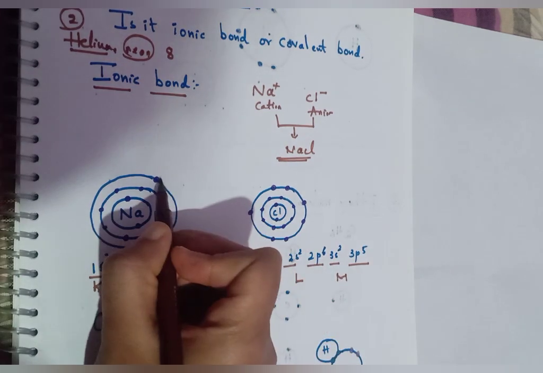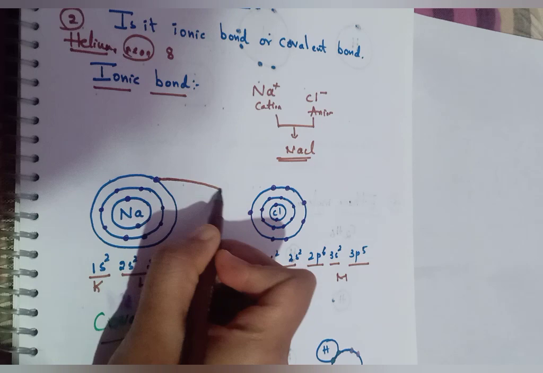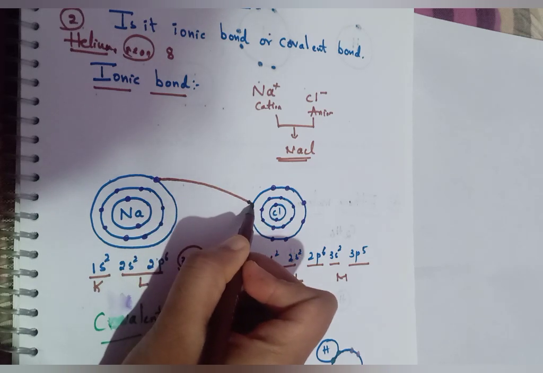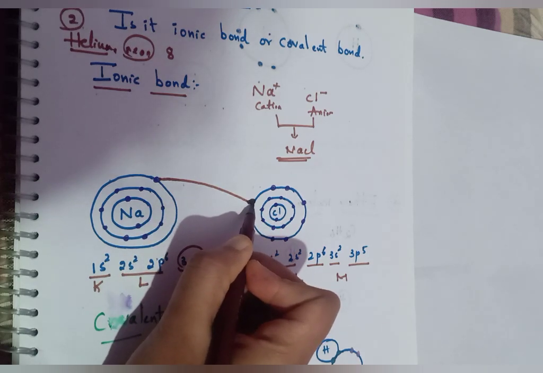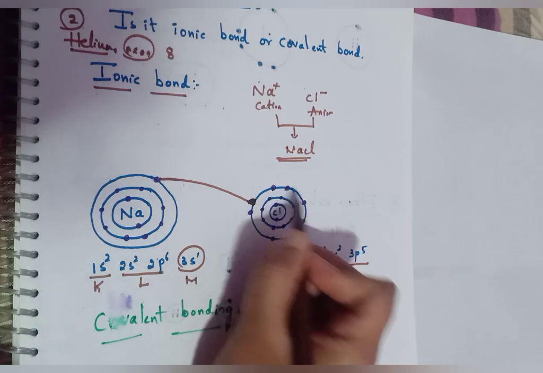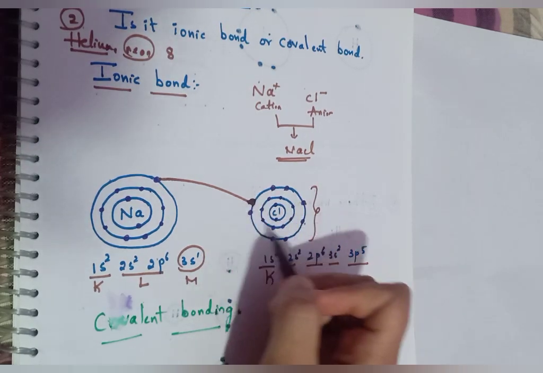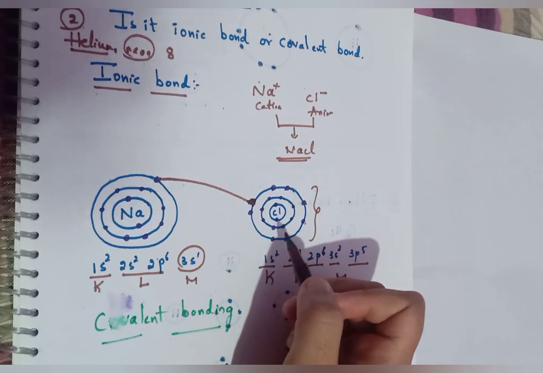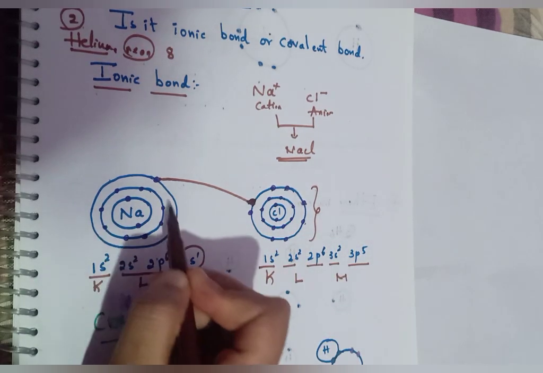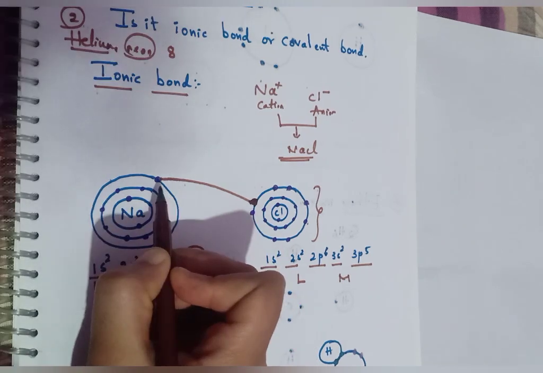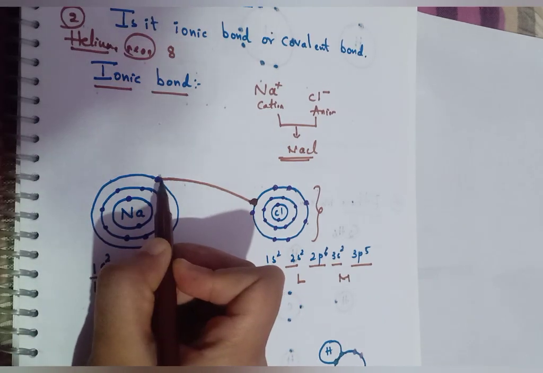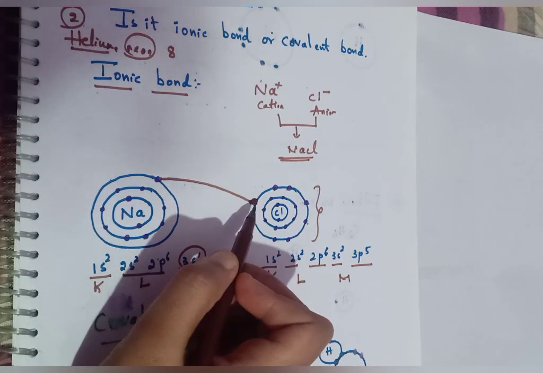So this electron is moved towards here, so the electron is filled here. So 1, 2, 3, 4, 5, 6, 7, 8 electrons, then the Cl is attaining noble gas configuration. As you can see, this Na is also having noble gas configuration. Why? Because it has given one of its electrons to the Cl.